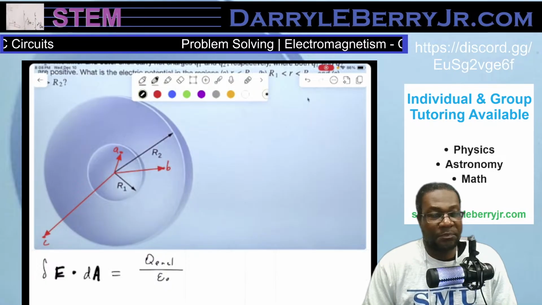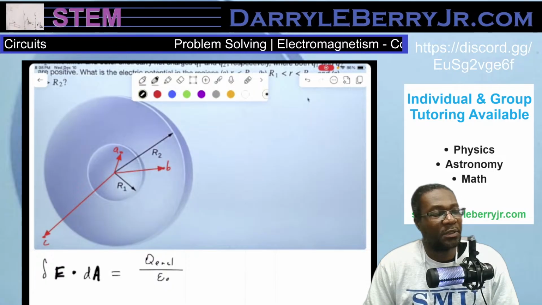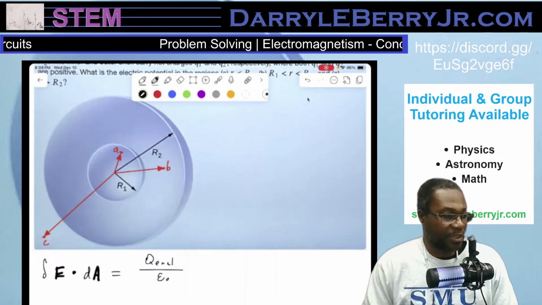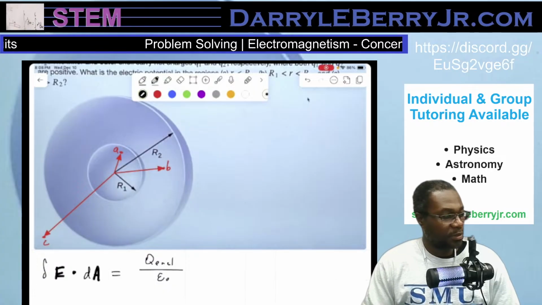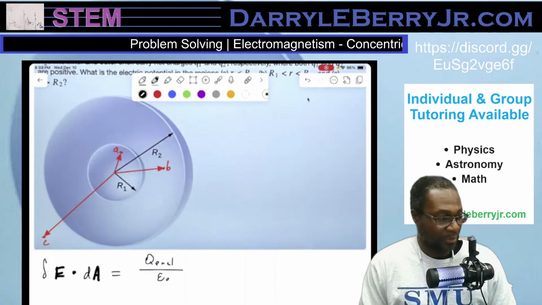I remember it's the permittivity of space or the permittivity of the vacuum. I don't remember. If I remember right, it's 1 over 4 pi, something like that.